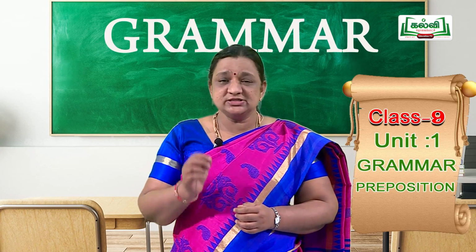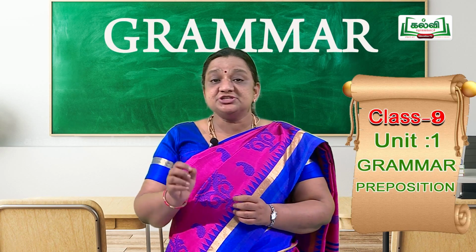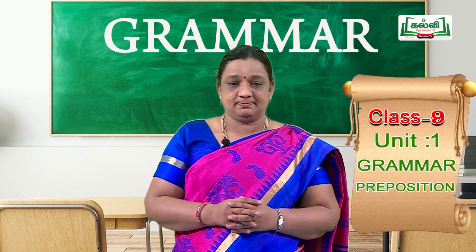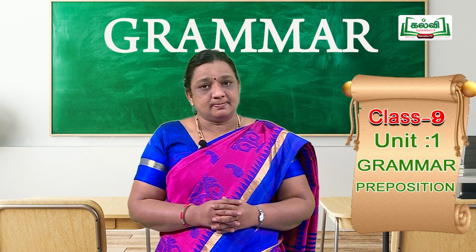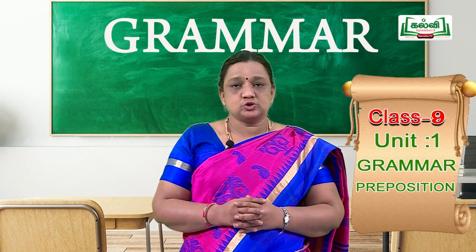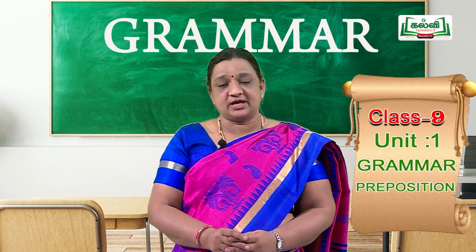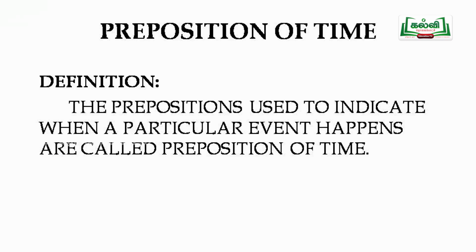So here, on Saturday evenings is the preposition of time. On is used here as a preposition of time. These sentences indicate the time when something happens. So we call it the preposition of time. Prepositions used to indicate when a particular event happens are called prepositions of time.